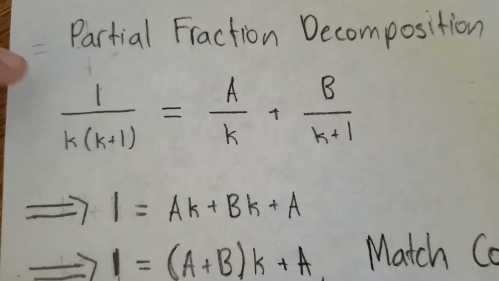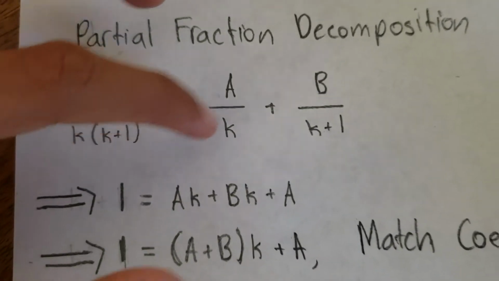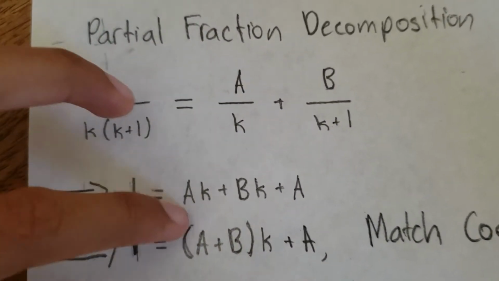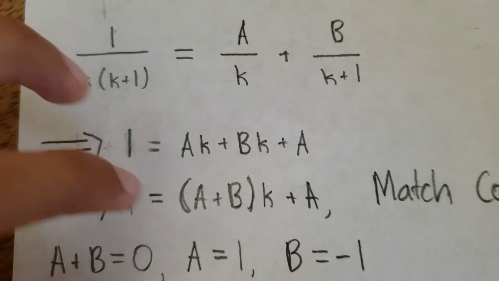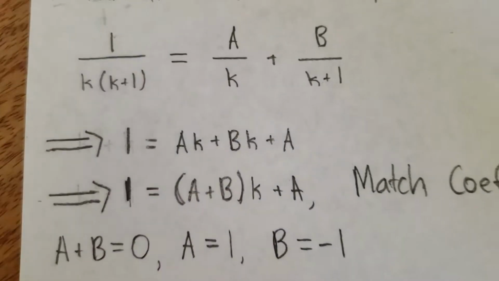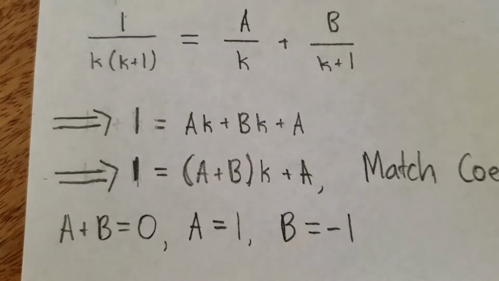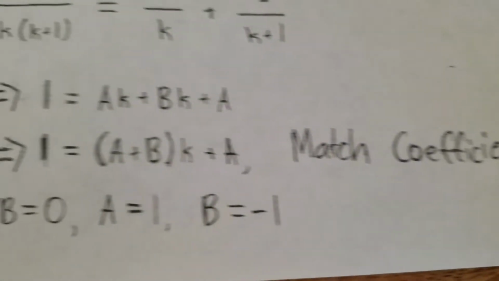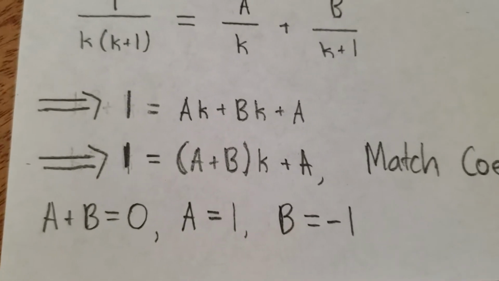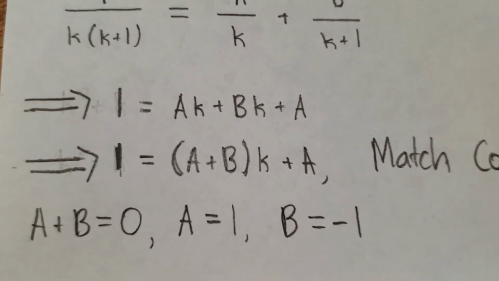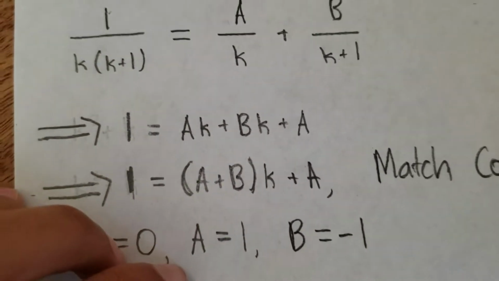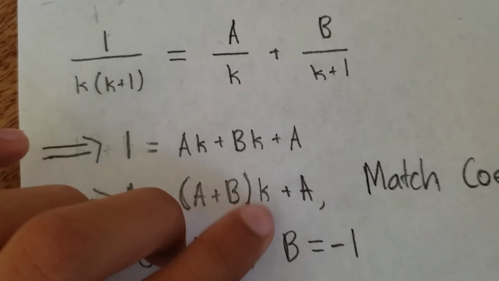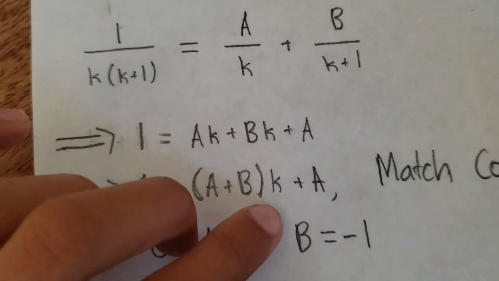Well, we just multiply through by k times k plus 1 to get 1 is equal to ak plus bk plus a. And regrouping, we get 1 is equal to (a plus b)k plus a. Now we can use a method called matching coefficients to figure out a and b. The reason we can do this is because this equation holds for all values of k, no matter what k is.